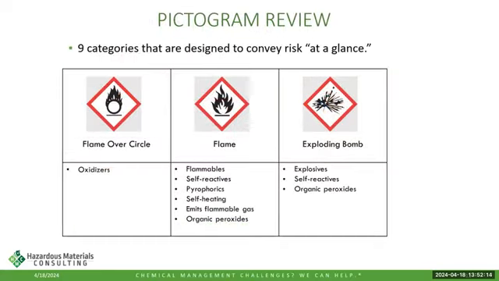Now, the next part of HAZCOM that OSHA developed was pictograms. Under OSHA, there are 9 of them. Most of my colleges and universities now have signs outside of their classroom doors that will identify by pictogram only which of these chemicals are present in their classrooms, if they do have chemicals.